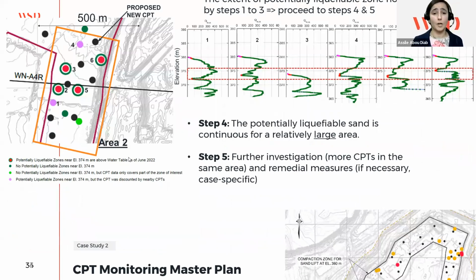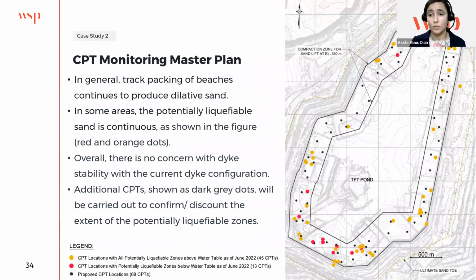So in general, the track packing of the beaches continues to produce dilative sand, but despite that, in some localized areas, the potentially liquefiable sand is continuous. And this is represented by the red and orange dots, as you can see here. By investigating our structure and doing some more engineering analysis, we identified that there's no concern to the stability of the dikes with the current dike configuration, but our dike is being raised again in the future, so we have to keep an eye on those locations.